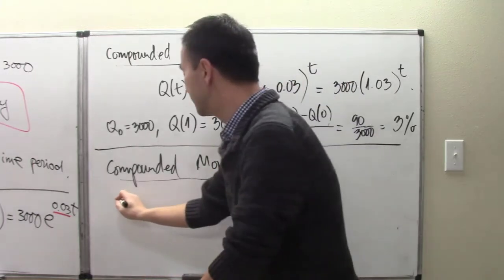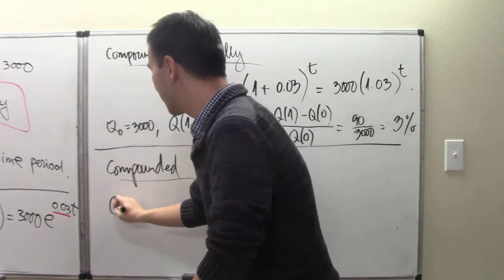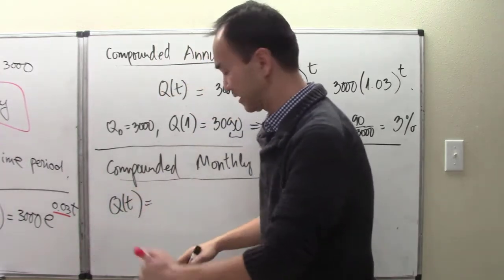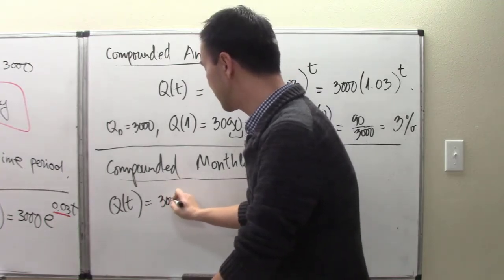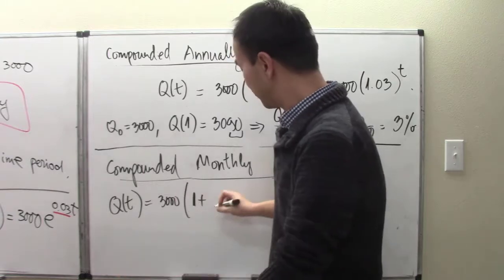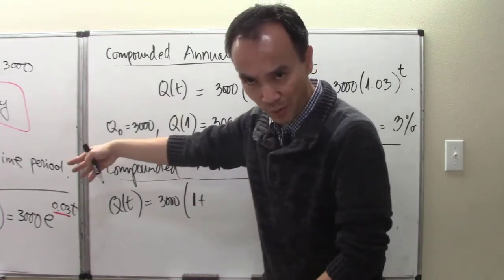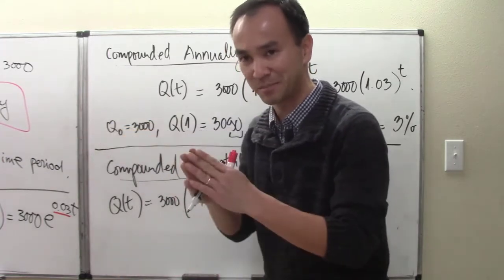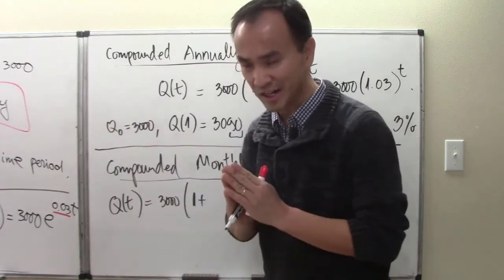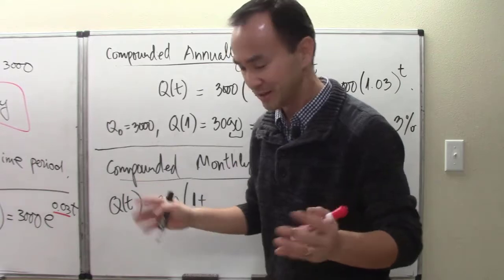If we're compounding monthly, then the amount in the bank for some t years later is going to be 3,000, the initial amount, times 1 plus, and you have seen this work before, if not directly in example 1, then throughout my discussion on problem number 3 that I brought up earlier, because the work is extremely similar.